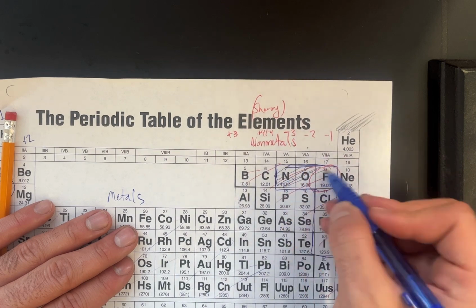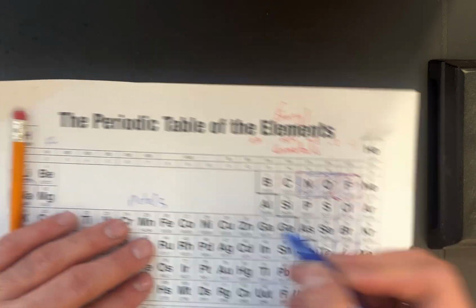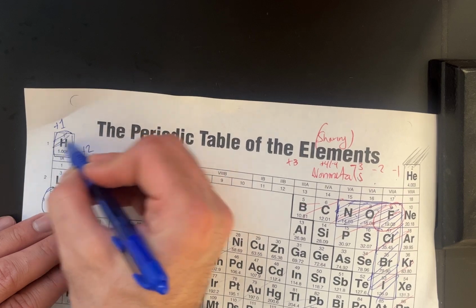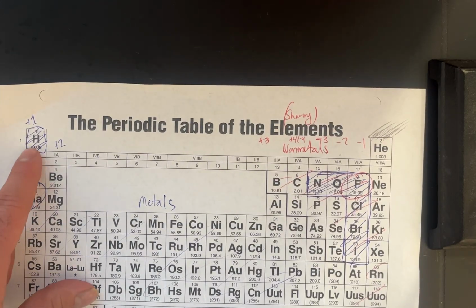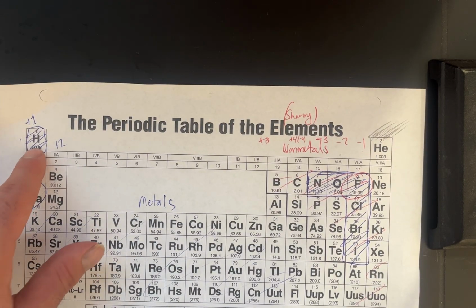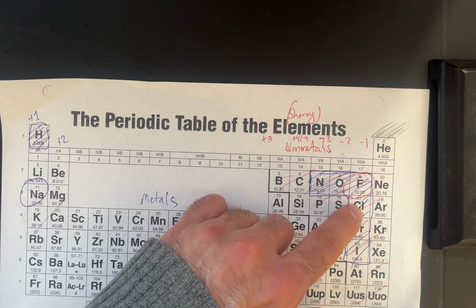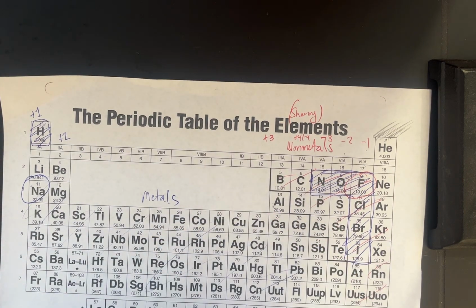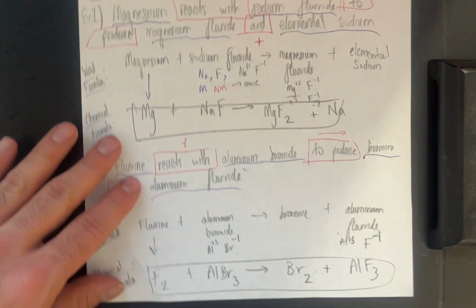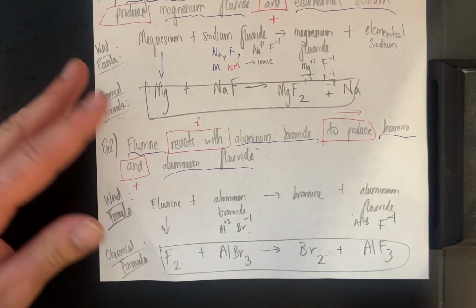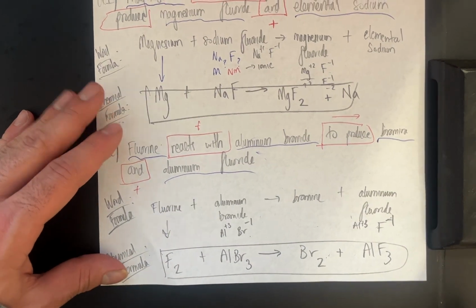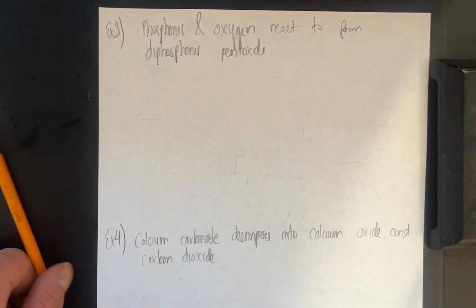So these guys, as well as hydrogen, are all going to be diatomic. So H, N, O, F, Cl, Br, and I. These are all going to be diatomic. And so here, when we have F and Br, those are diatomics. And so, yeah, we're going to put a 2 there. And so that's why that happened.